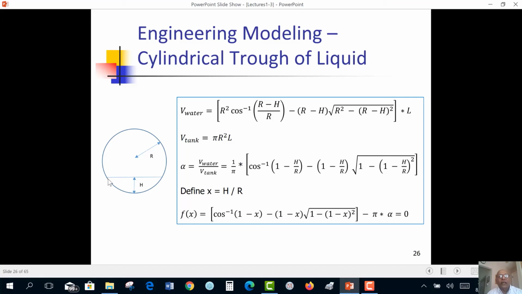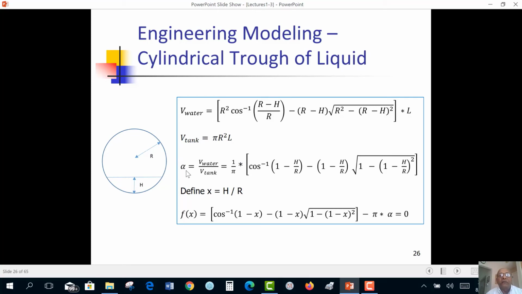If we look at the area of this particular portion of the circle under this chord, it turns out, you can look up a handbook, to be this term in square bracket. So this area times length is the amount of water in the tank. And of course, we know the volume of the tank is going to be the total area, which is pi r square, times the length of the container.